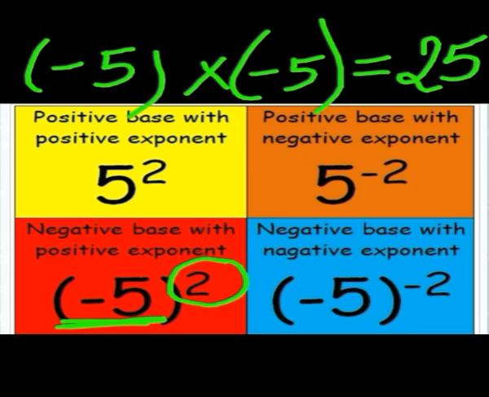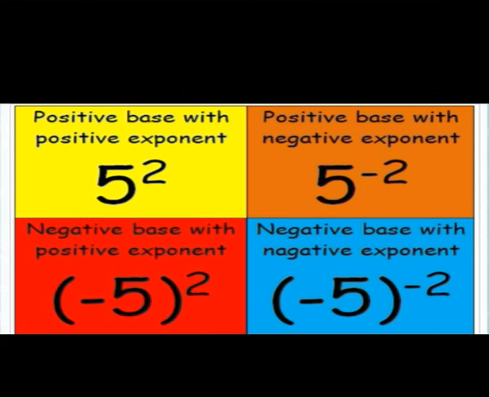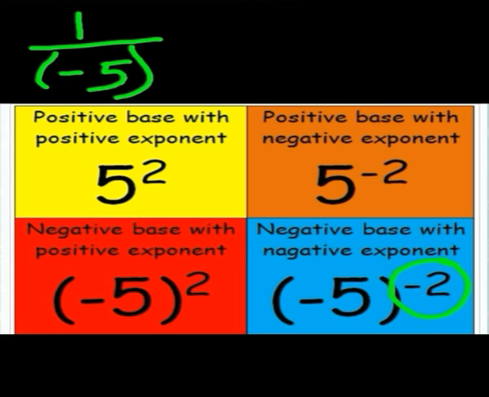Next is a negative base with a negative exponent. So here what are we going to do? The exponent is negative. So first this negative exponent will be converted into positive. So when it is converted into positive, it would be 1 upon minus 5 raised to the power positive 2, which is a square.